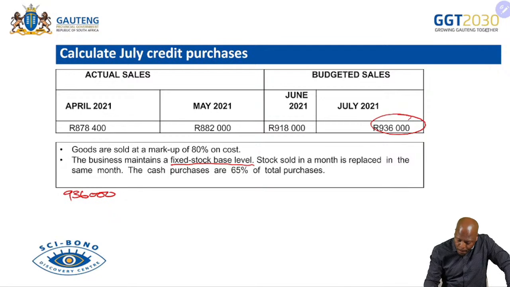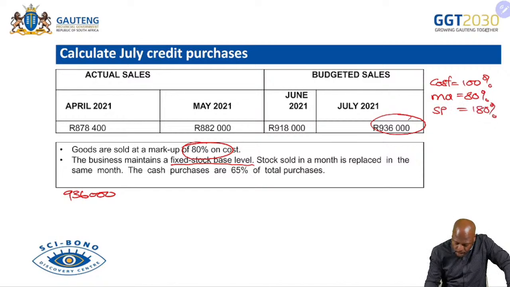And you know by now that cost is 100%. Goods are marked up at 80%, therefore selling price becomes 180%. So what we want is 936 multiplied by 100 over 180.